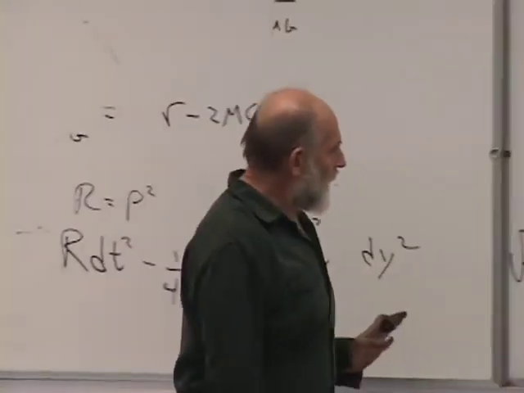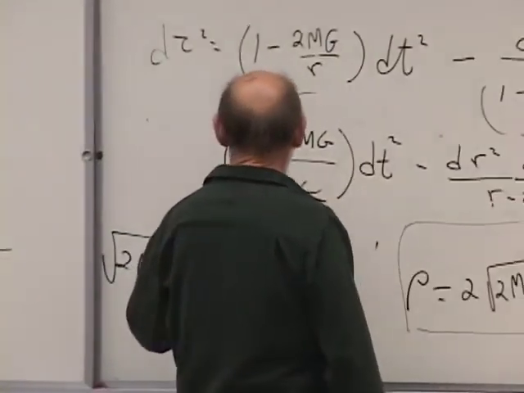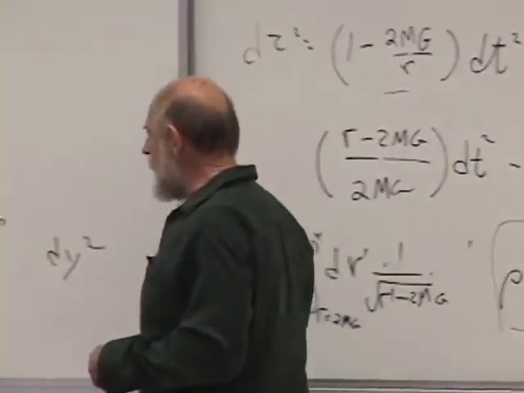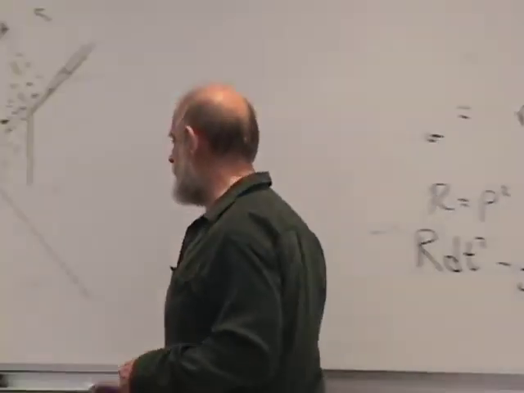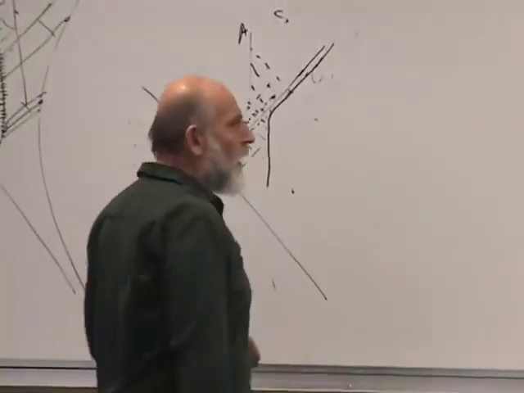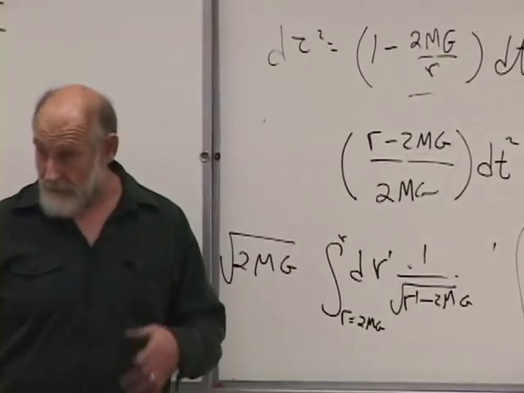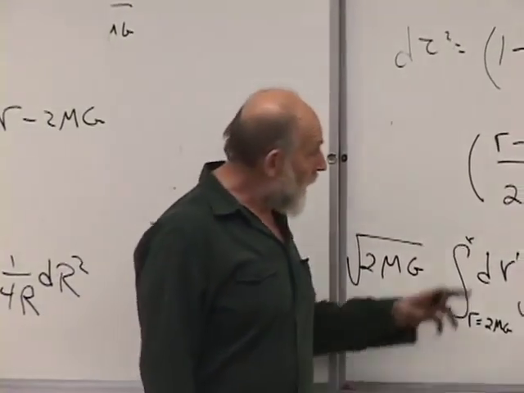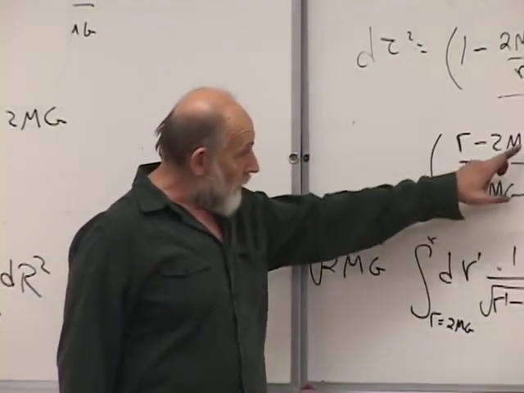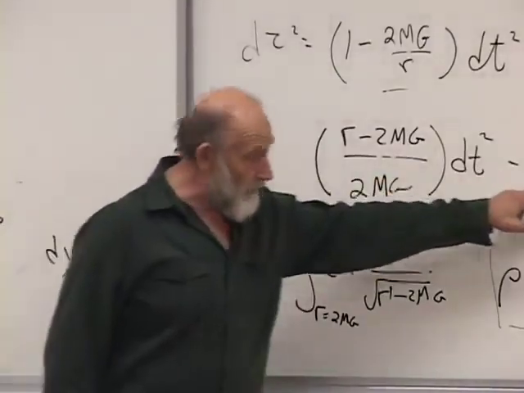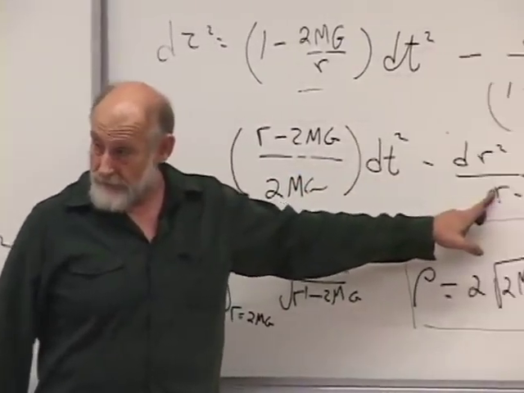Let's get to the singularity now. The singularity is at r equals 0 here. Now, let's remember the connection. r equals 0, or r equals small. Let's take small values of r. For small values of r, that's where the interchange between positive and negative has taken place.